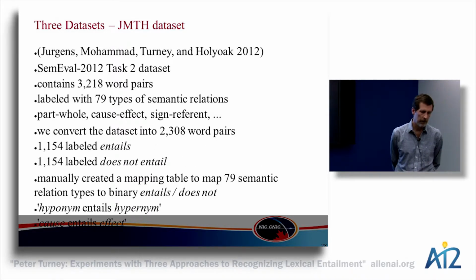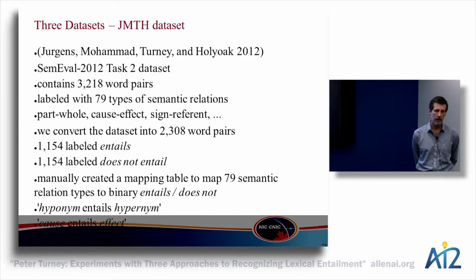The third data set is based on a data set of Jurgens, Mohammad, Turney, and Holyoak. We developed this data set for the 2012 SemEval. It's a semantic relation classification data set. We had Turkers generate word pairs and label them using Bejar's taxonomy of 79 relation classes.